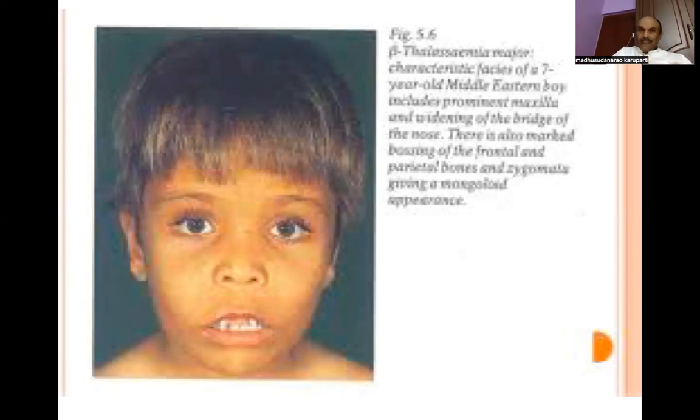When you look at the child, there is facial dysmorphism with prominent frontal bossing, malar prominence, depressed nasal bridge, and growth failure. And this is again a child of about 4 years old, showing massive splenomegaly and severe anemia.